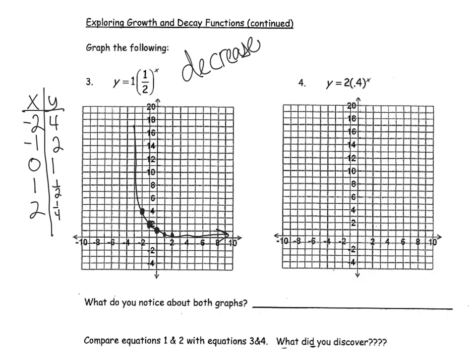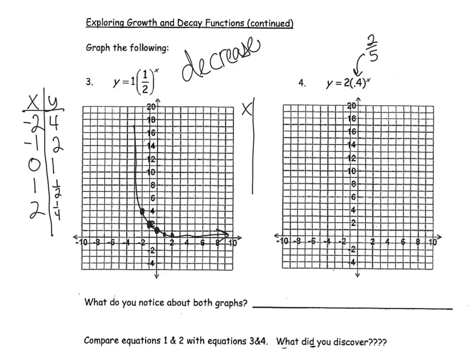Number 4. We'll do the same thing. Oh, look, this 0.4, if you felt like making it a fraction, would you prefer to work with a 0.4 or a 2/5? Okay. All right, here's our table of values.